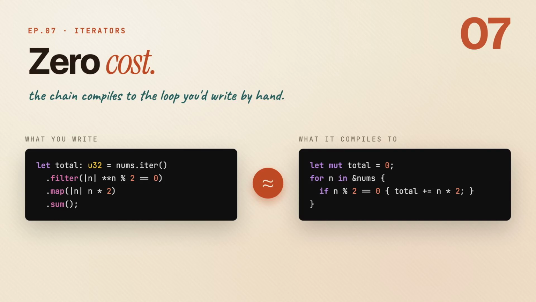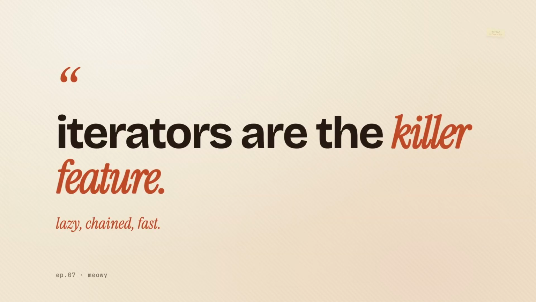It's high level to read and low level to run. And that is the whole thing. This is why people love using iterators in Rust, because you describe what you want and Rust runs it fast.